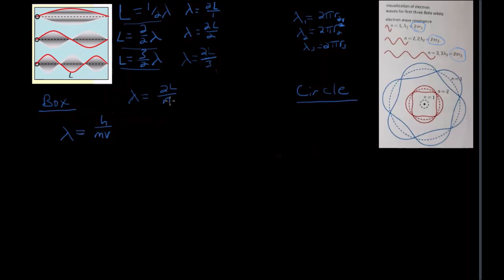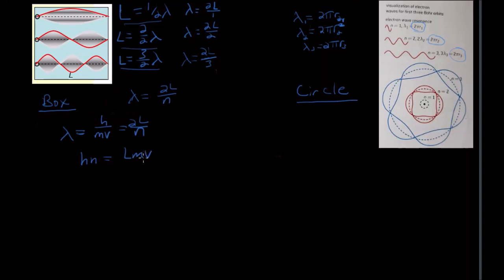Okay, so we also know that it's equal to 2L over n because it's a standing wave. So it goes 2L over n. So what I can do is I can just cross multiply this and say that nh equals 2Lmv. All right?